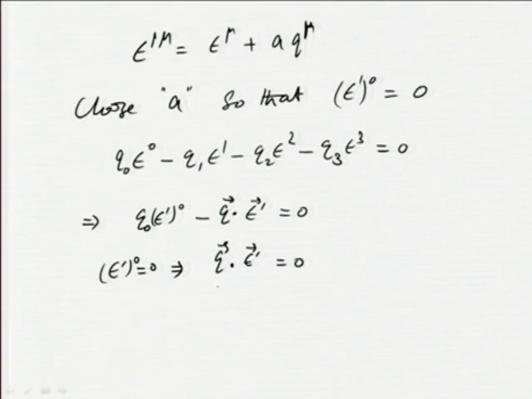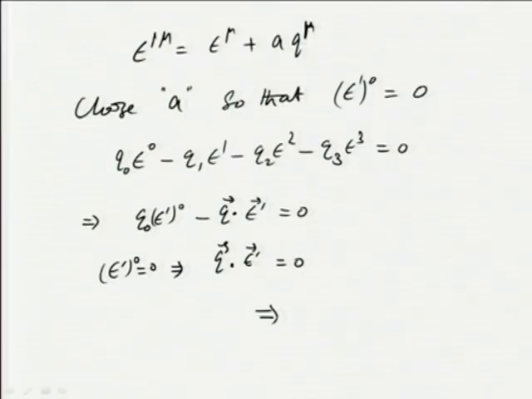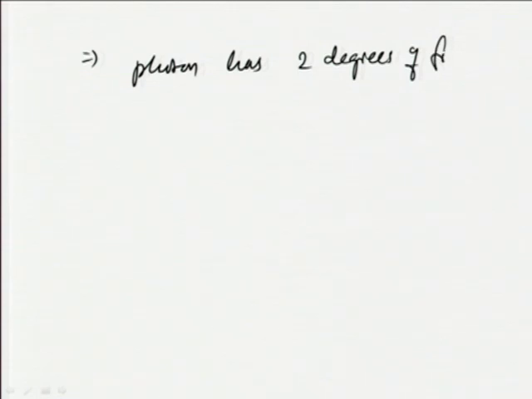Epsilon 3 prime has 3 components, but then there is a condition q dot epsilon 3-vector prime is equal to 0. So, essentially there is a relation between these 3 components, and therefore, that gives you 2 independent components. Or we can say that photon has 2 degrees of freedom.